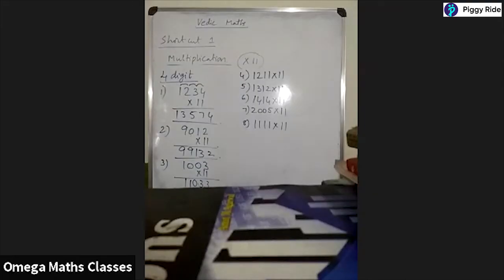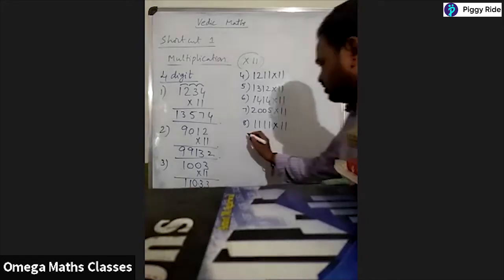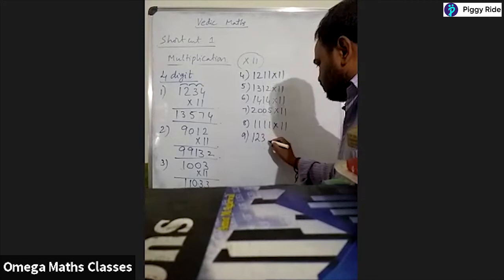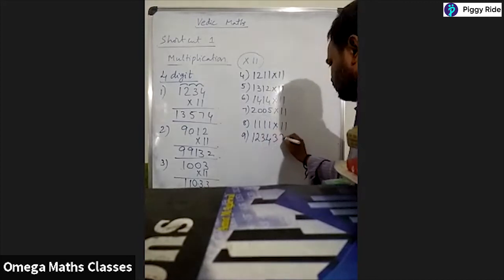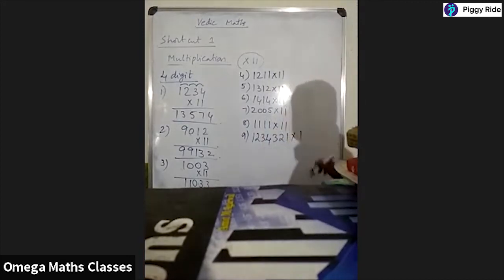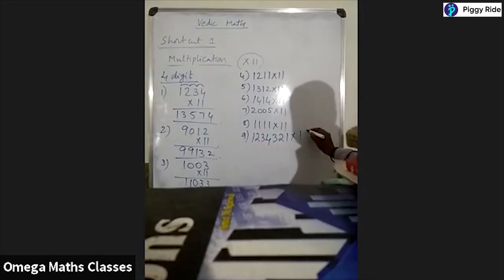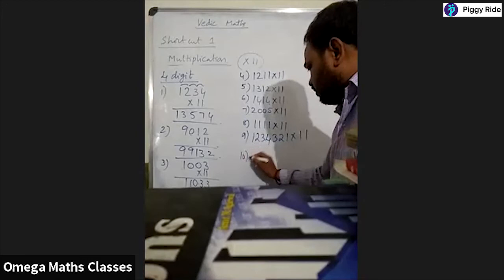What about 4 digit? Similarly 5 digit, 6 digit, 10 digit also. I will give you one problem. Once you try, no need to explain the remaining. Once both of you try this problem, into 11. So it is a 7-digit number actually. Okay, 7 digit. And one more problem I am giving.